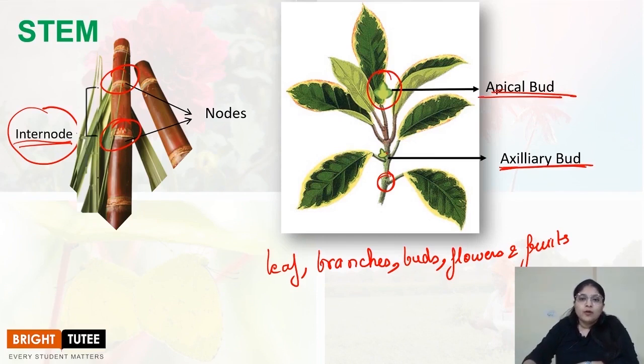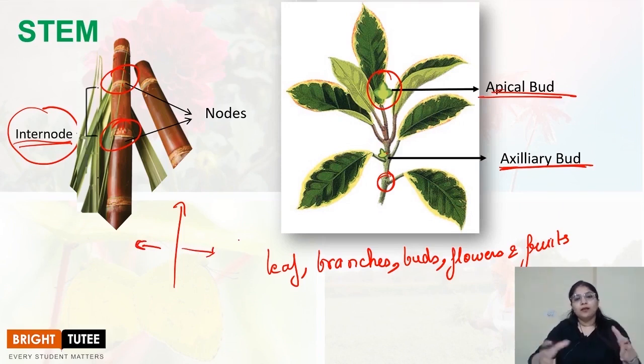Now over here you can observe in what ways the stem helps in the branching of the plant and in the growth, right? So we know any growth which takes place in a plant is towards the vertical side, that is the height of the plant grows, and towards the horizontal side, that means the sides of the plant grow by the help of branching, right?